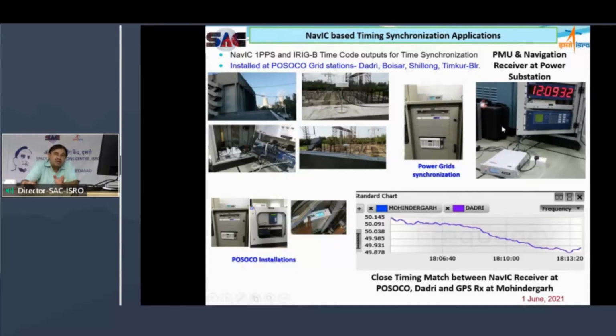The timing reference is now being switched over from GPS to NAVIC. That is the plan of the government of India. We did this testing in 5 power stations located all across the country, north, south, east, west, and northeast. We synchronized the power grid with our NAVIC timing system, and you can see it is exactly matching the GPS synchronization that was happening till now.